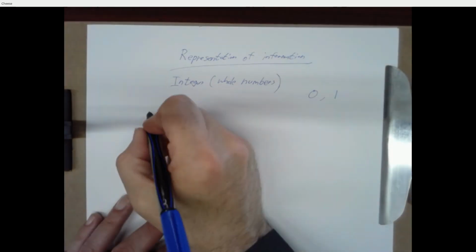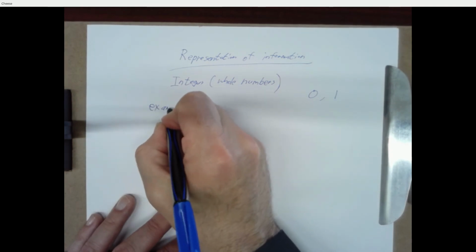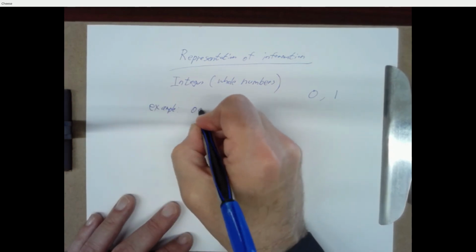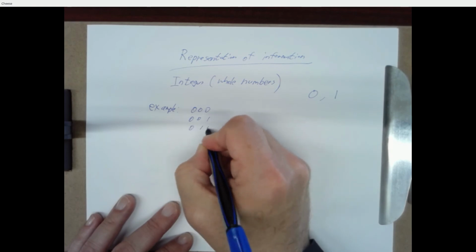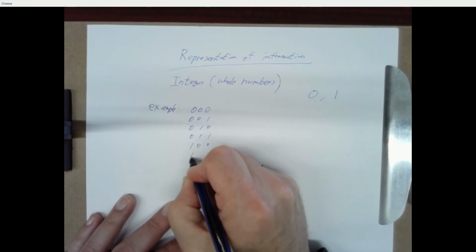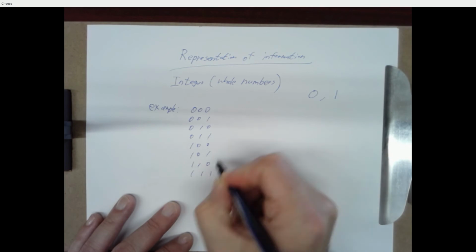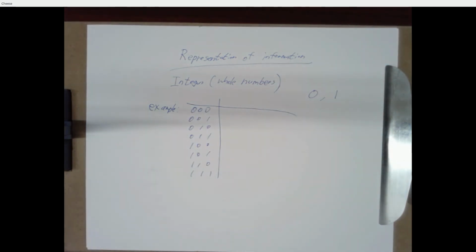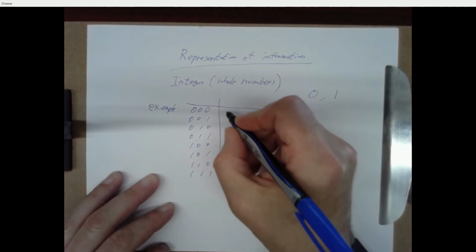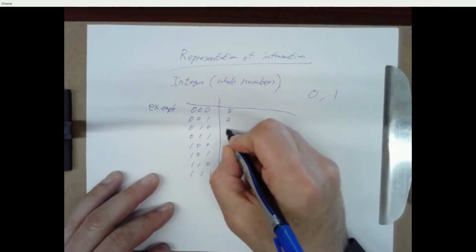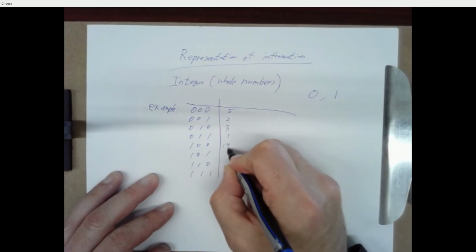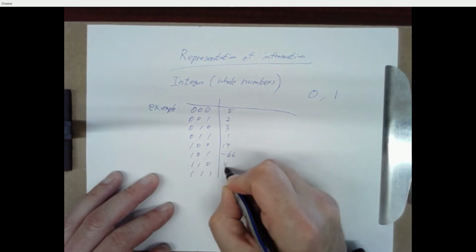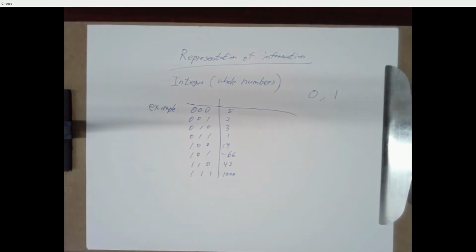So here's one example. If I have 3 ones and zeros, there's 8 combinations of them, assuming the order is important, which it is. And I could decide, okay, this is going to be the number 5, the number 2, 3, 1, 14, negative 66, 42, and 1,000.